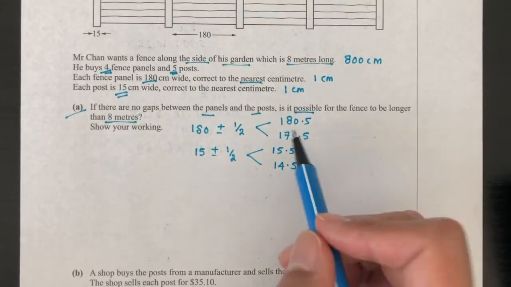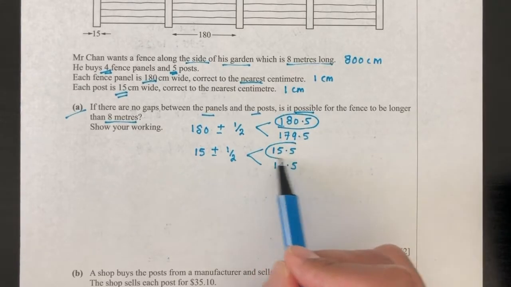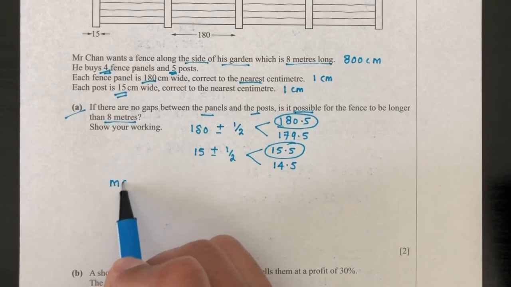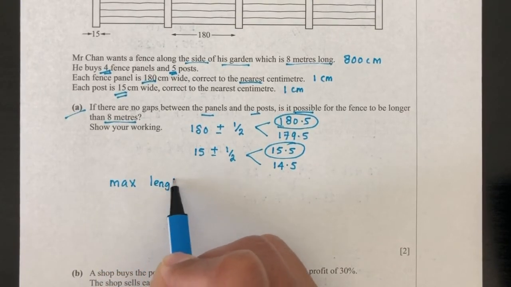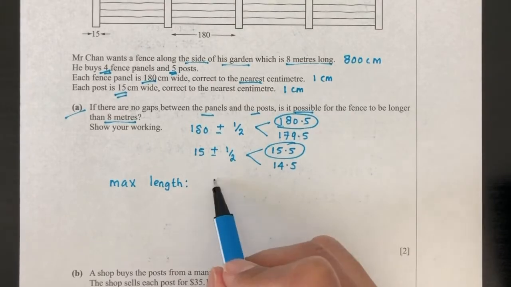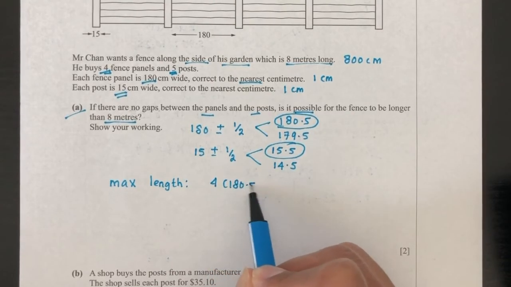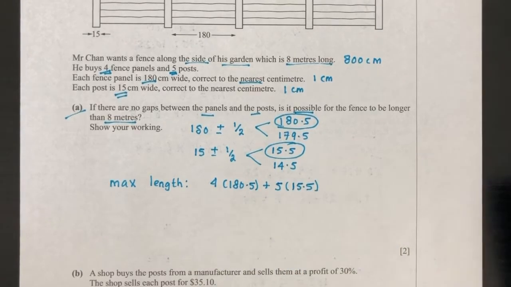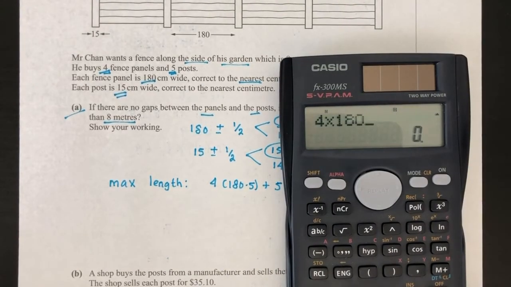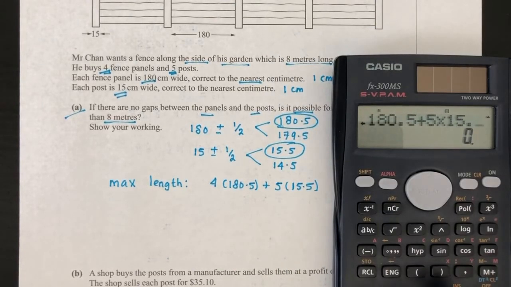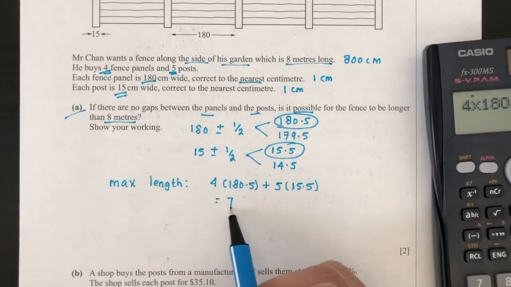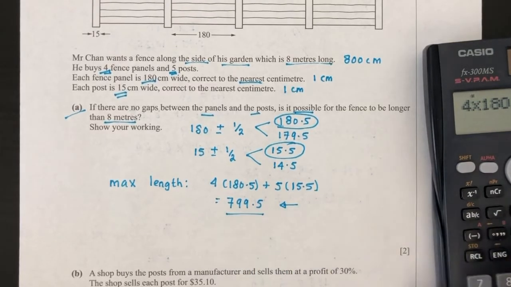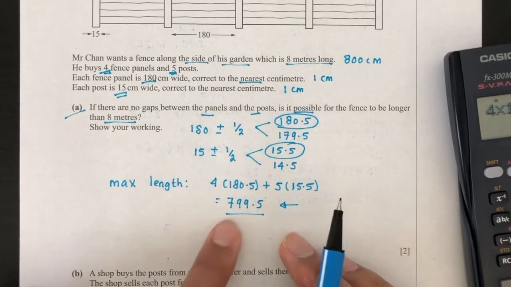Let's take the maximum length of the fence that he has bought. He has 4 fences, so 4 times 180.5 plus 5 posts times 15.5. That will be 799.5. So in that case, the max length is not more than 8 meters.